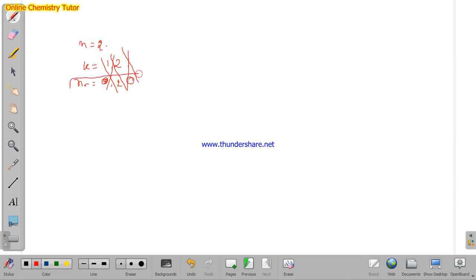So nr has 2 values and k has 2 values. Now we calculate the values of a and b. a equals a0 into n square by z. For hydrogen z is equal to 1, so a0 into 2 square, that is equal to 4 a0.